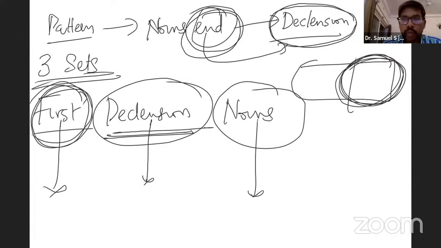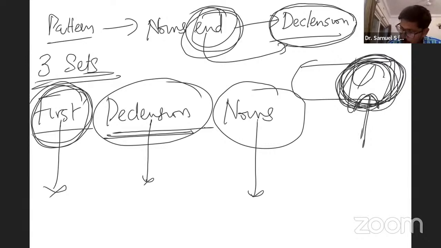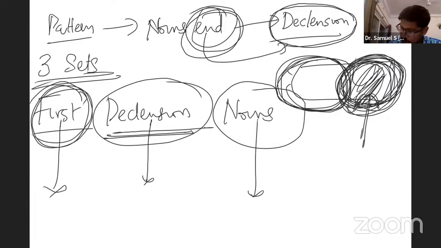So if you look at the noun, the ending of the noun is all the same way. For us to learn this set of nouns and how they function, we really need to know this ending, the declension. This part may change for different nouns, but this doesn't change. The technical term for this is a stem.